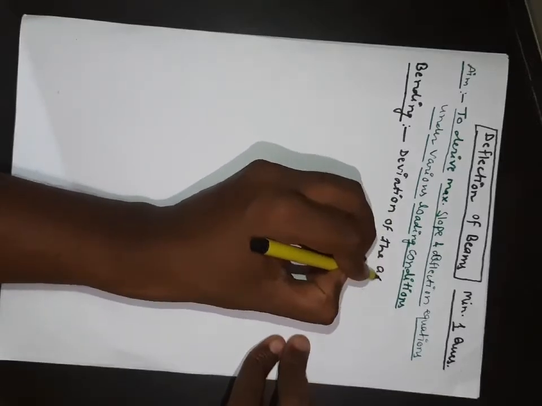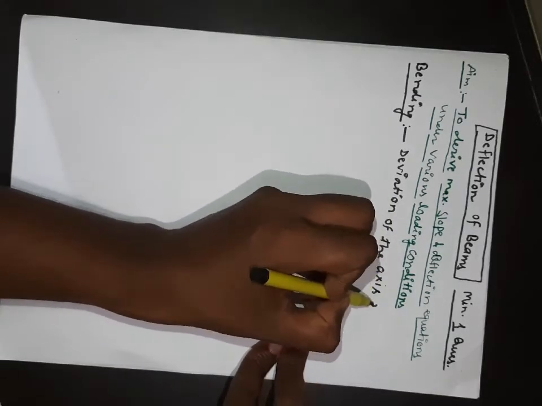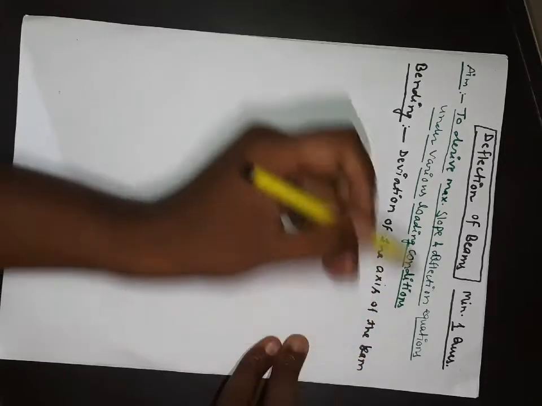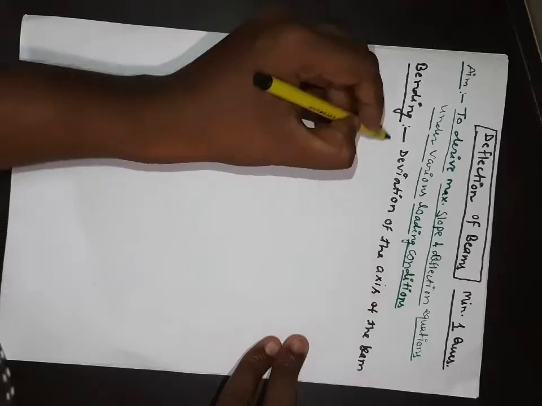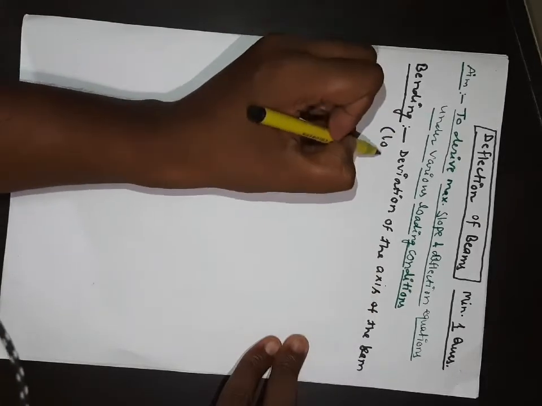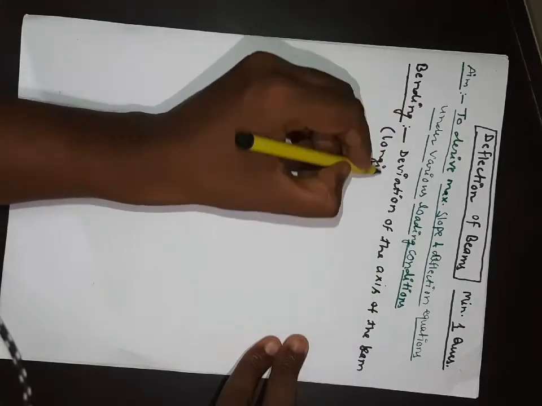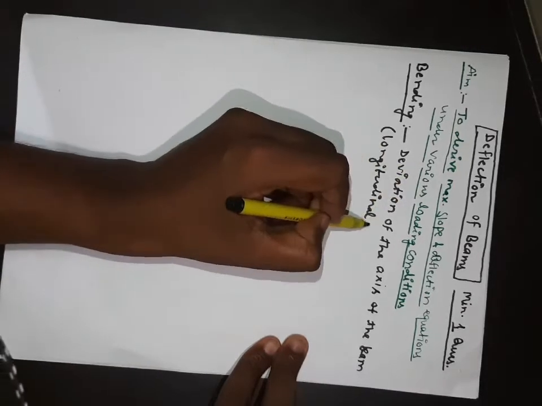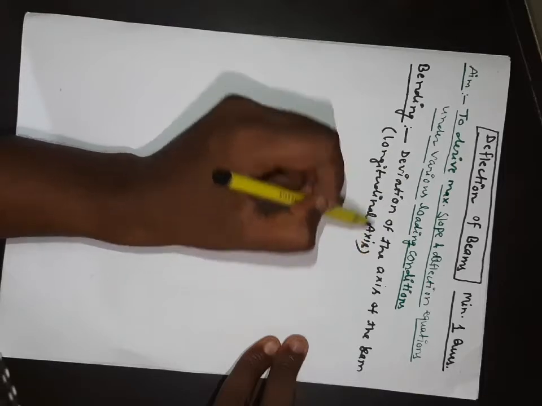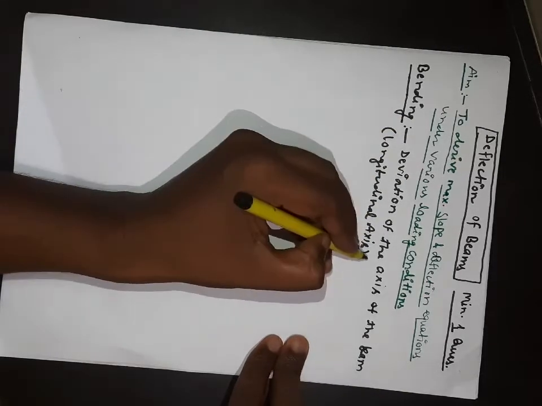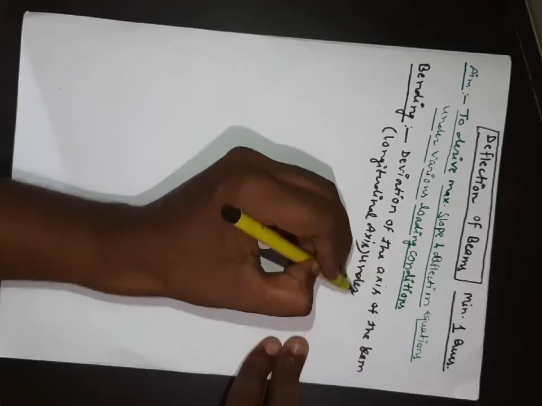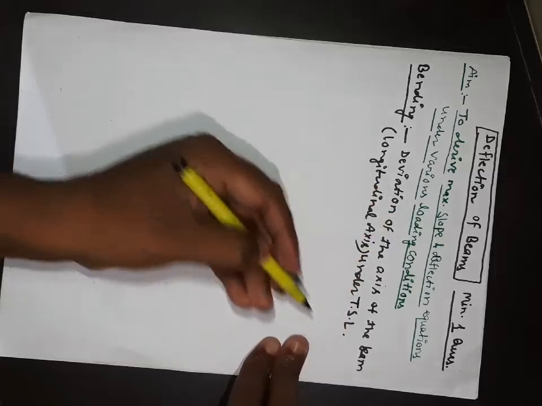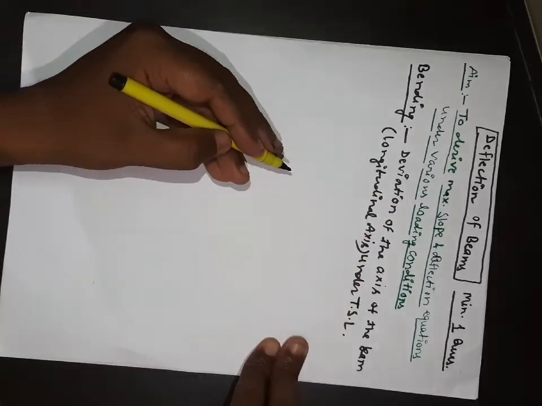Deviation of the axis of the beam. Which axis, students? Longitudinal axis. Deviation of the axis of the beam under transverse shear load. TSL means transverse shear load.